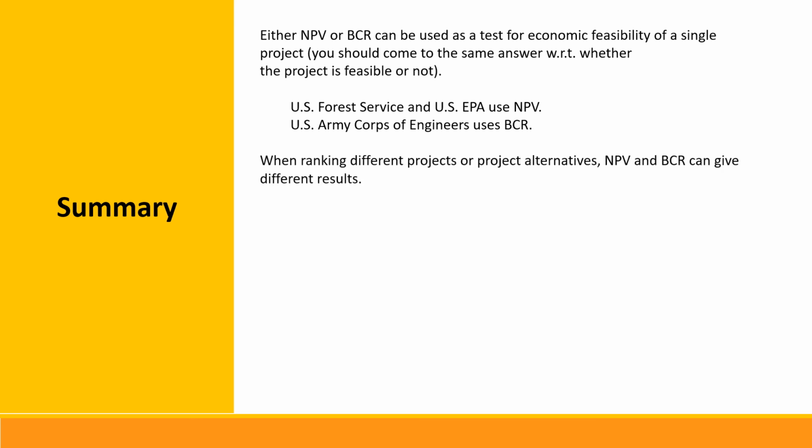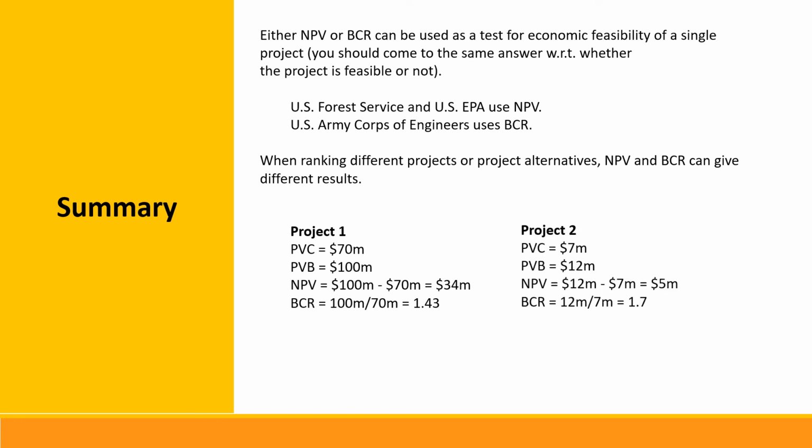When ranking different projects or project alternatives, net present value and benefit cost ratio can give different results. For example, if we are comparing these two projects, we can see that the net present value is 34 million for project 1 and it is 5 million for project 2, and benefit cost ratio is 1.43 for project 1 and the benefit cost ratio for project 2 is 1.7.